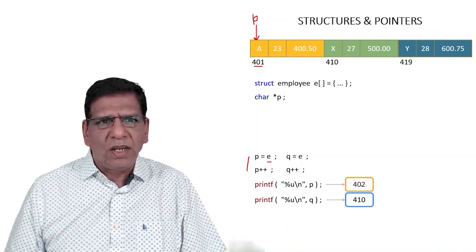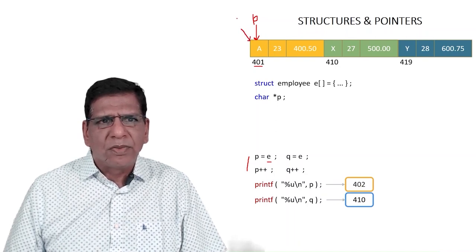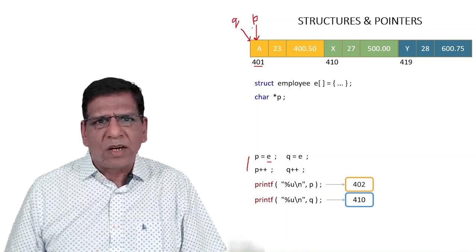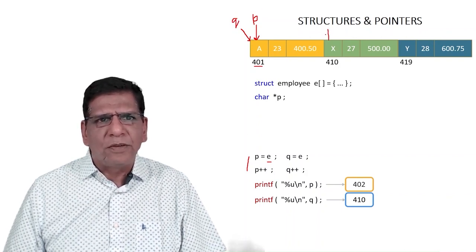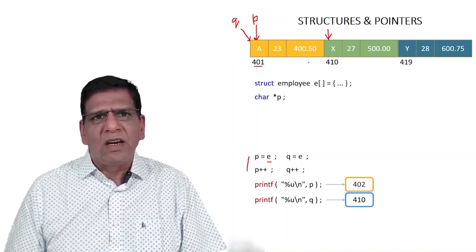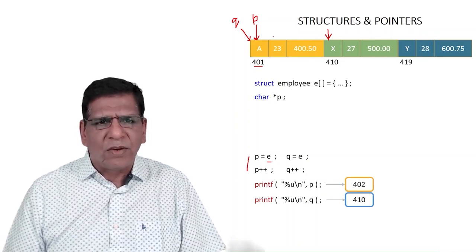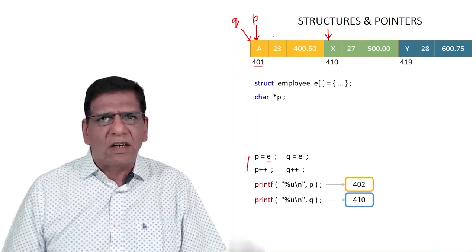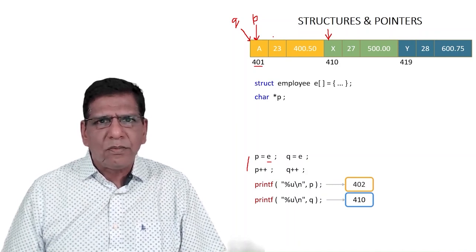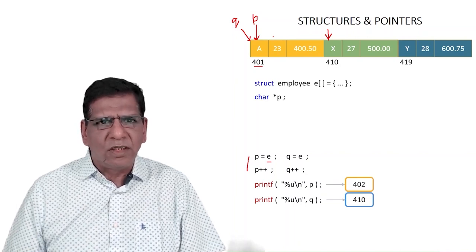Right now Q is pointing here, so also is P. But if I increment Q and want it to take me to the next structure, I should think of Q as a pointer to a structure. Then only it will take me to the next structure. Let's define Q as struct employee star Q. When I do this, now Q++ will take me to 410.